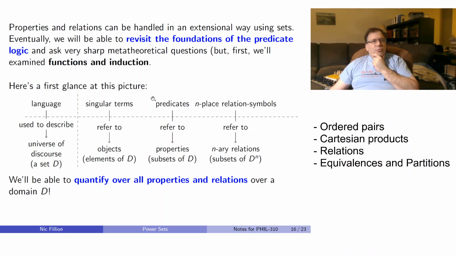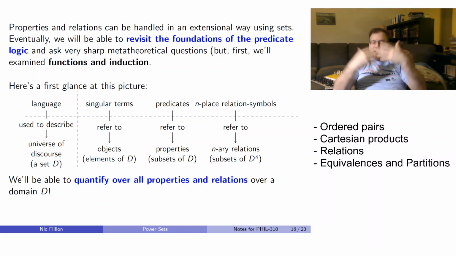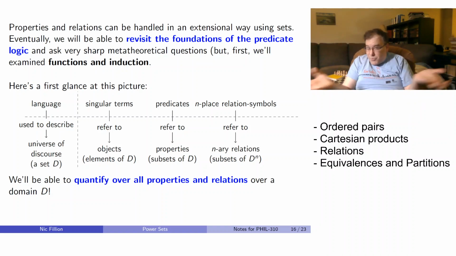Right? Predicates are going to be assigned properties. So the word "read" expresses a property, namely the property of being read. So in set theory terms, what corresponds to a property?